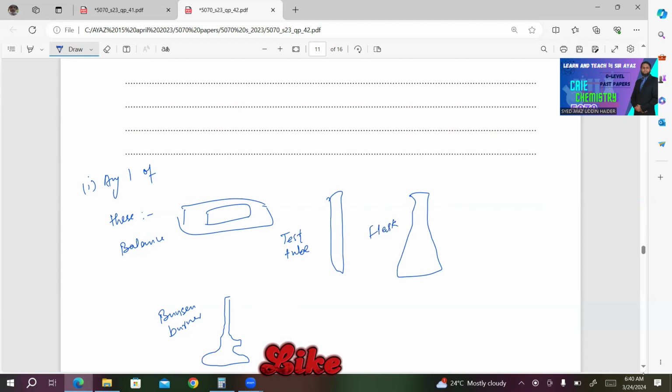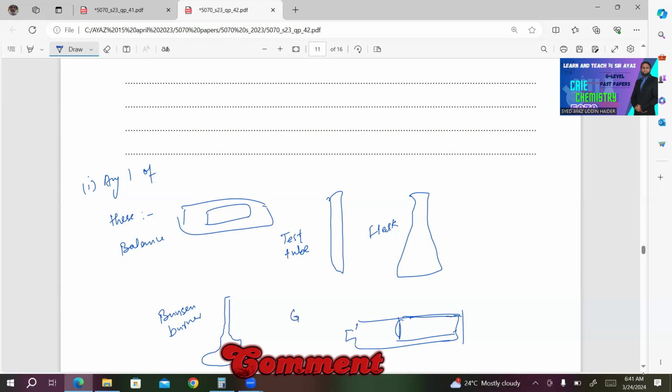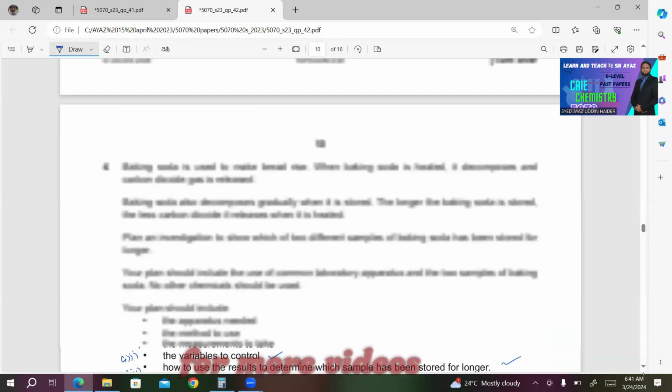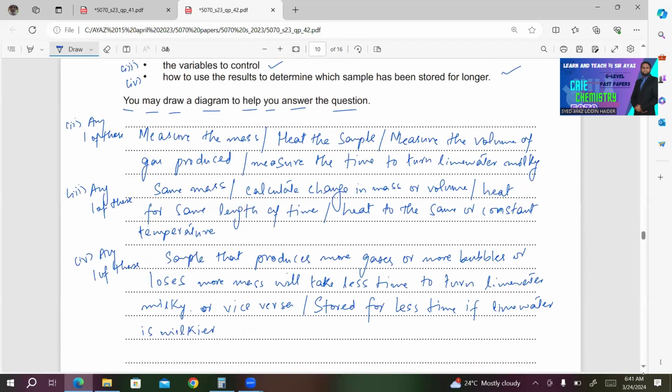Or you can draw the equipment to measure the volume of gas produced. We call it a gas syringe. So for the other two marks, you can draw any one of these apparatus and any one of these statements which I've mentioned here.